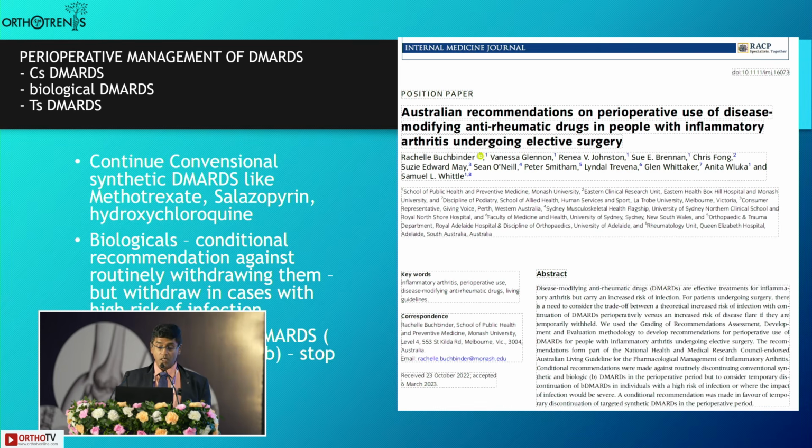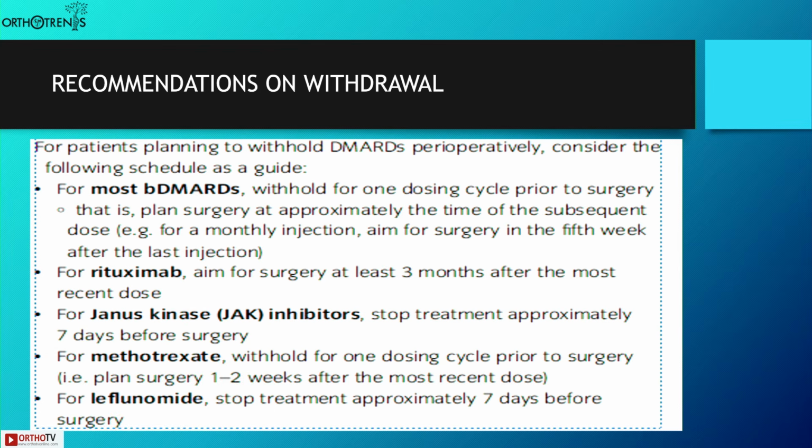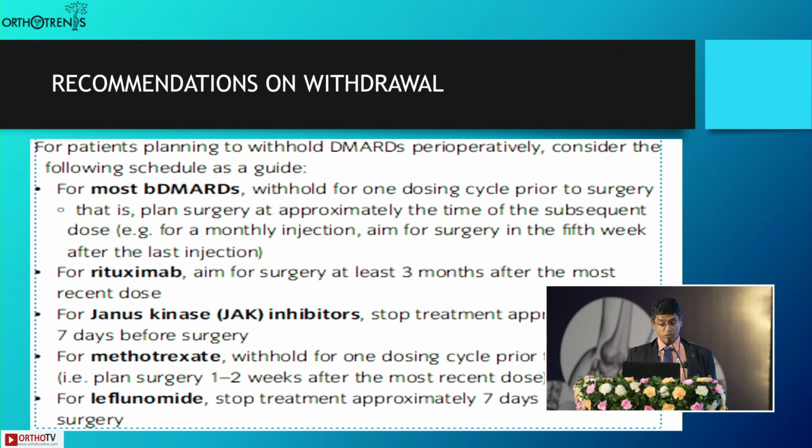But when it comes to the targeted synthetic DMARDs, which includes baricitinib and tofacitinib, stop them. However, if you decide to stop them, for most biological DMARDs, withhold for at least one dosing cycle prior to surgery, that is, plan for surgery approximately at the time of the subsequent dose.